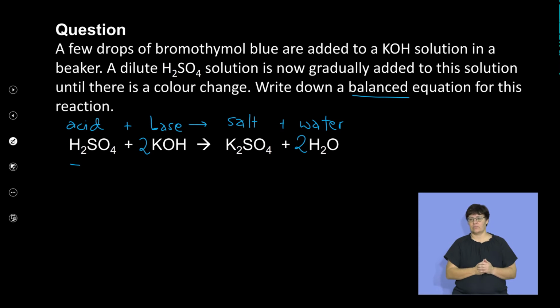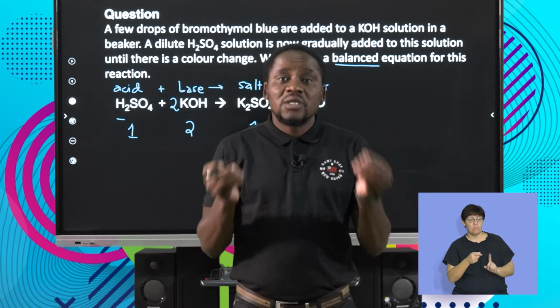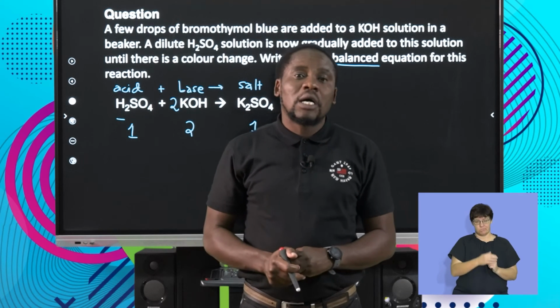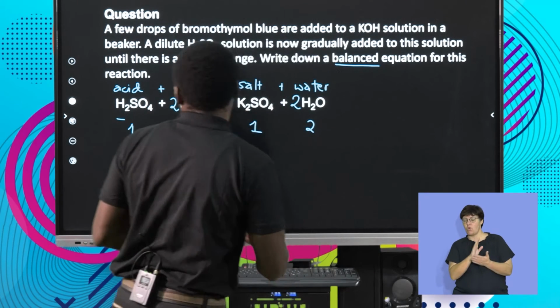So the stoichiometric ratio in which they react is a mole of the acid reacts with 2 moles of potassium hydroxide to form a mole of the salt and 2 moles of water. So this is the balanced equation. If there are any questions that have to do with stoichiometry, this stoichiometric ratio comes into effect, and then we are able to apply it.